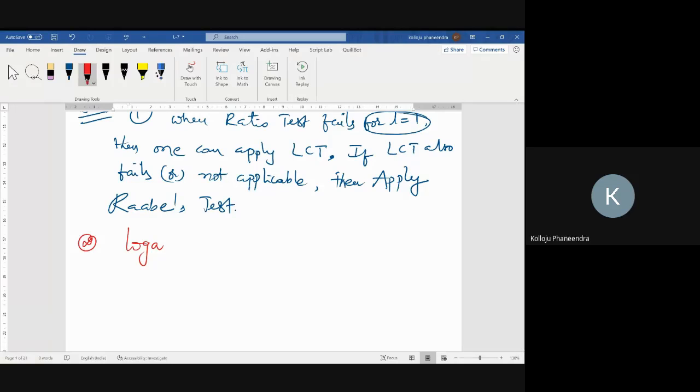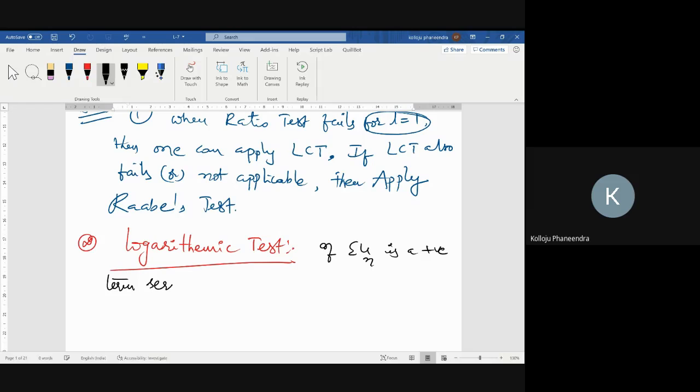Logarithmic test. The statement is, if sigma un is a positive term series such that limit n tends to infinity, what is the ratio test?